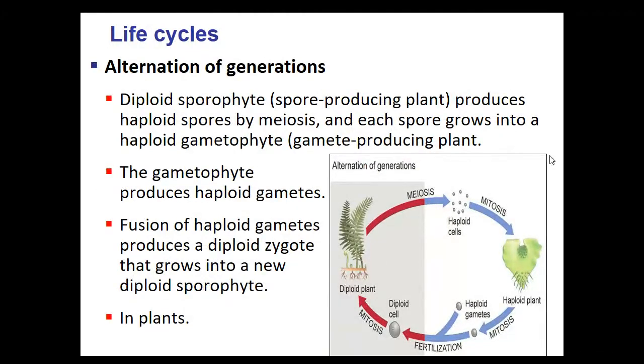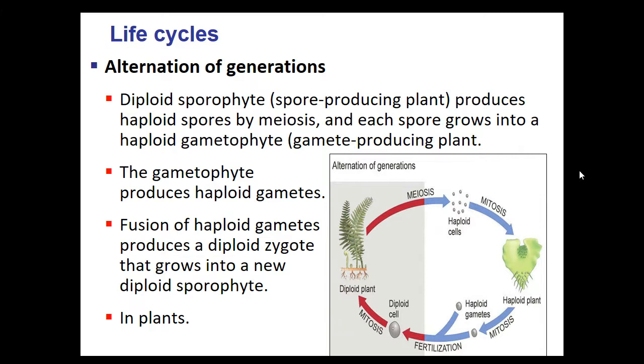Okay, again, more about alternation of generations. Just another slightly different diagram saying the same thing. The diploid sporophyte adult plant produces haploid cells, but these will be spores that will grow into a haploid adult gametophyte.